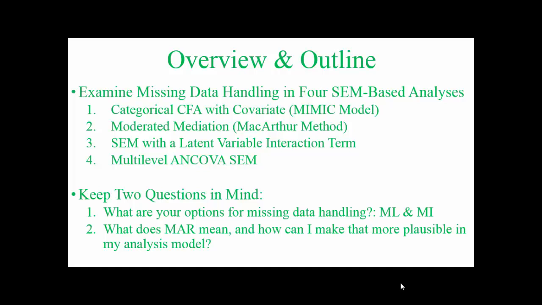The final one is apparently a model that's seen a lot in education, and there's no surprise, a multi-level analysis of covariance in a structural equation modeling format. Specifically, what we'll look at is a pre-post design at level 1, or the student level, and we're looking at pre-post change when, for example, a treatment or some kind of intervention designed to increase efficacy, let's say, in achievement, that randomization to treatment or control happened at the classroom level.